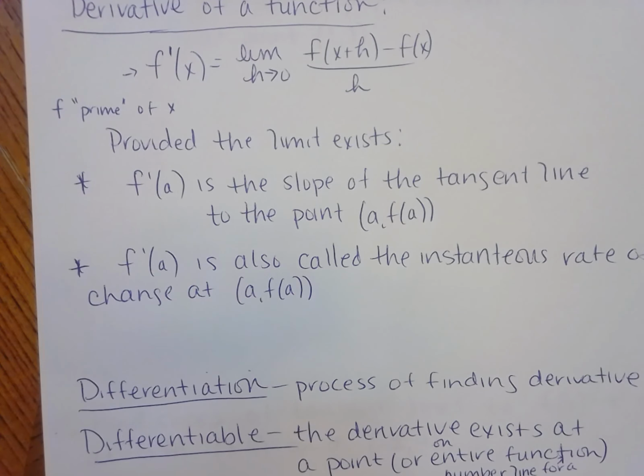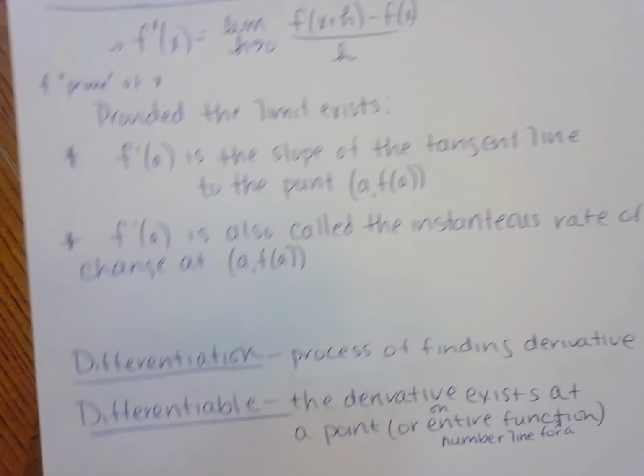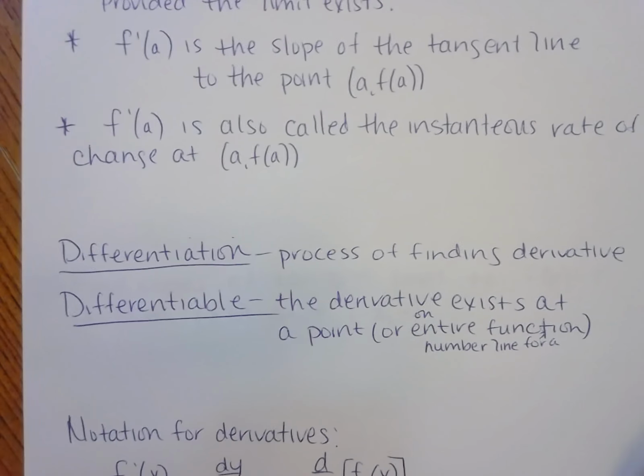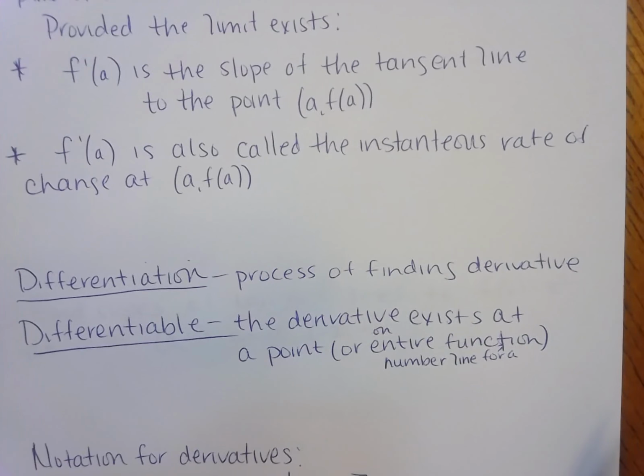And then just a couple of other vocabulary words that go along with it: differentiation is what we call the process of finding the derivative. And we say that a function is differentiable if the derivative exists at a point, or on the entire number line for the function as well. Okay, so if the function is completely differentiable and the limit exists everywhere, then we say that it's everywhere differentiable.